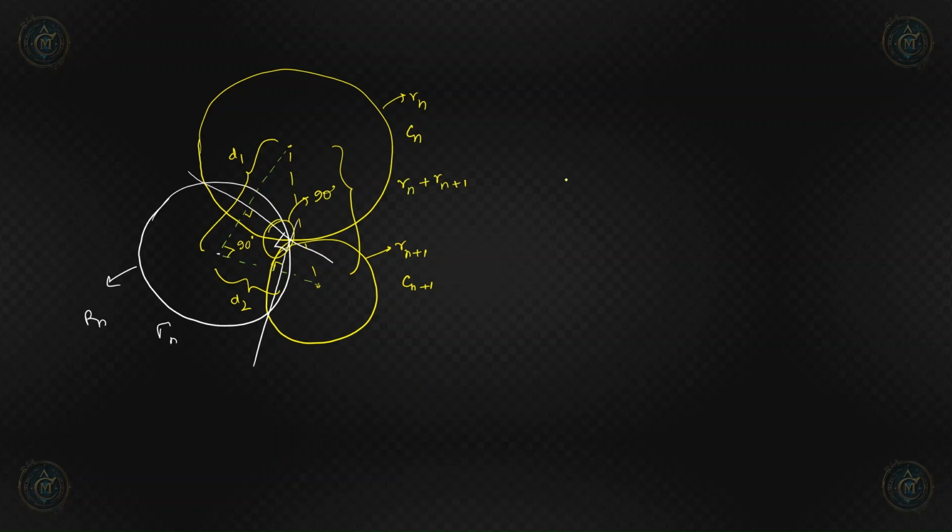Okay, so we can clearly say R_{n+1} whole square equals d1 square plus d2 square. Now if we carefully look at this picture, these two quantities d1 square and d2 square we can easily find. How? Because we are given that gamma n intersects Cn orthogonally as well as Cn plus 1 orthogonally, right?